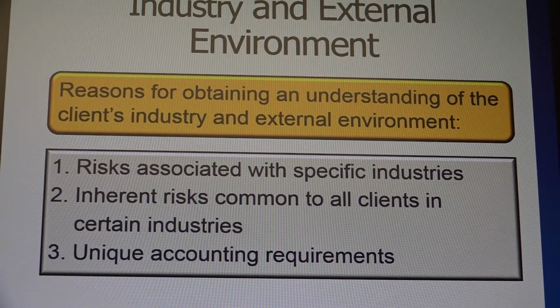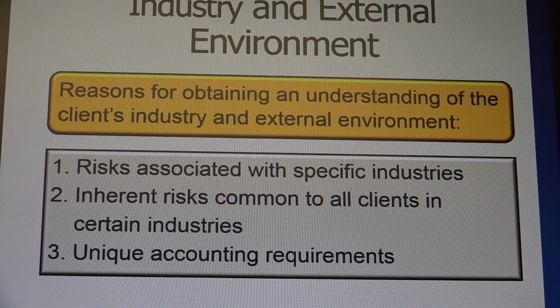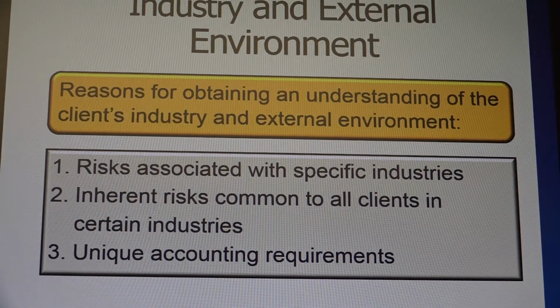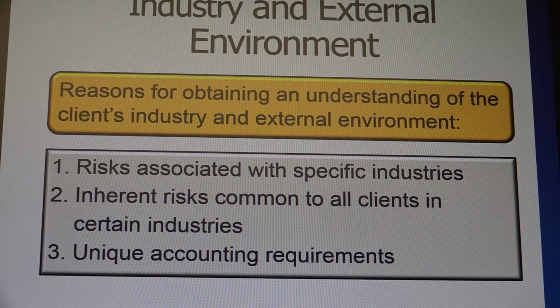For instance, in the energy industry, the price of oil and gas is an inherent risk of all energy businesses. And then certainly any unique accounting requirements for that particular industry would have to be considered as well and understood.